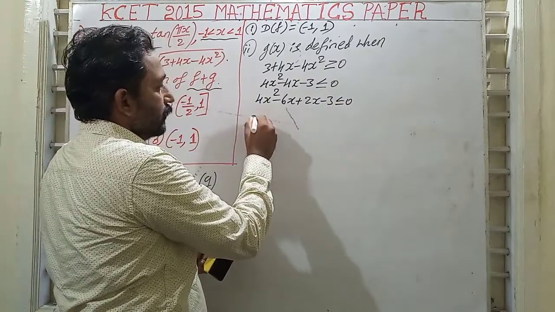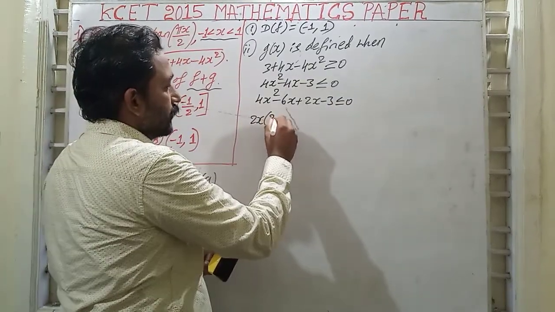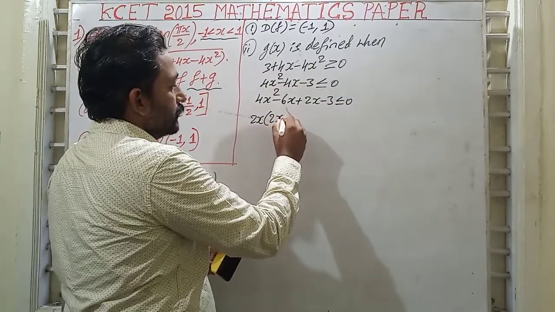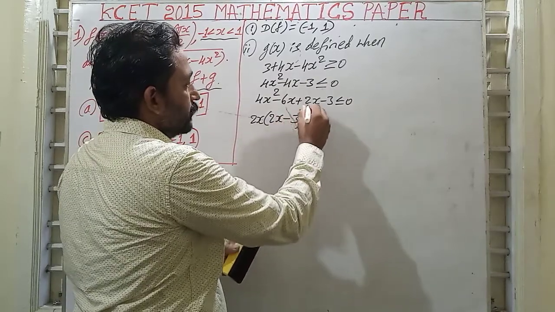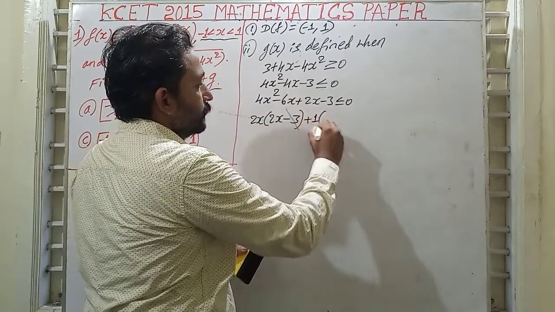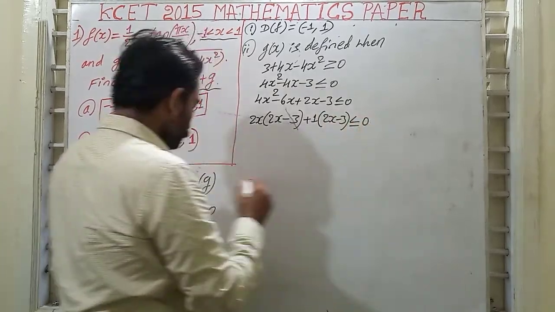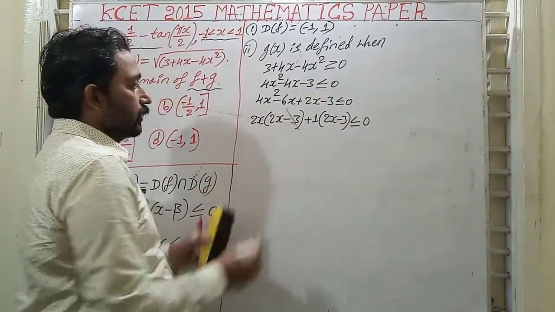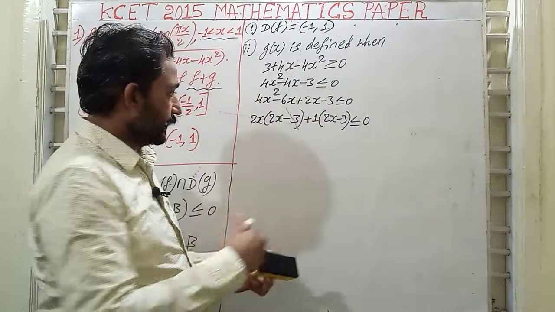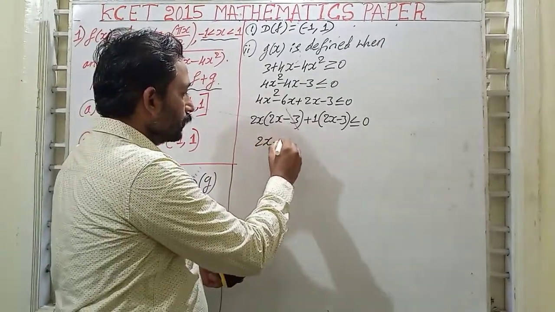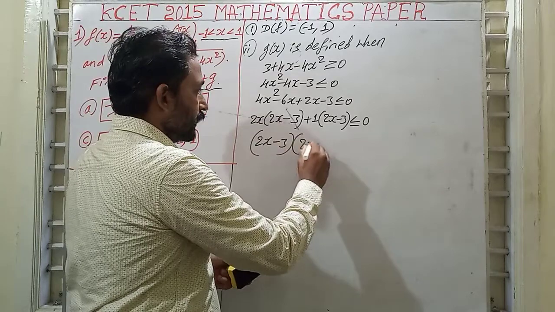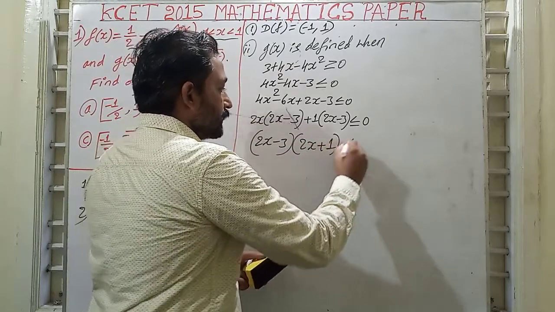Here take 2x outside, it becomes 2x minus 3. Plus 1 take outside, it becomes 2x minus 3 less than or equal to 0. Now the common term 2x minus 3 taken outside, remaining 2x plus 1, less than or equal to 0.